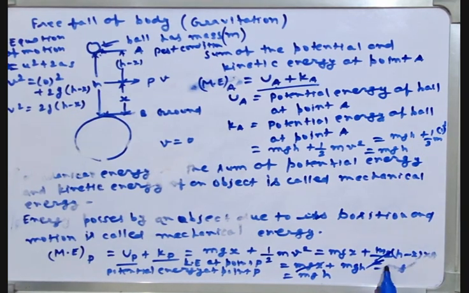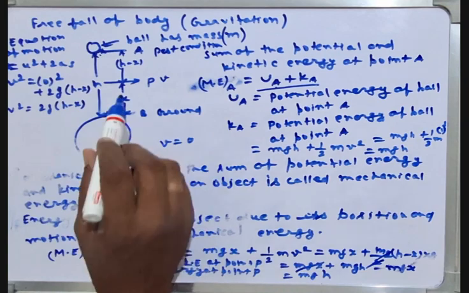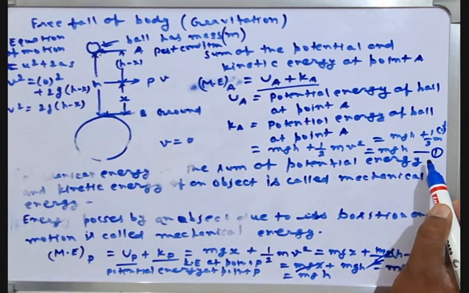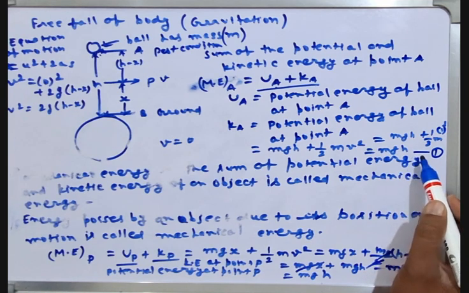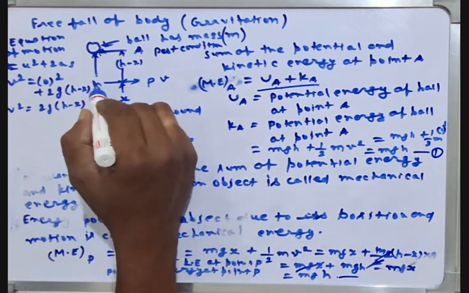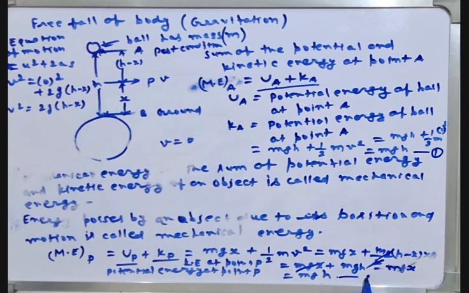So what you see, guys, is that initially the ball has total energy mgh, and then after traveling h minus x distance from here to here, its energy is again mgh.